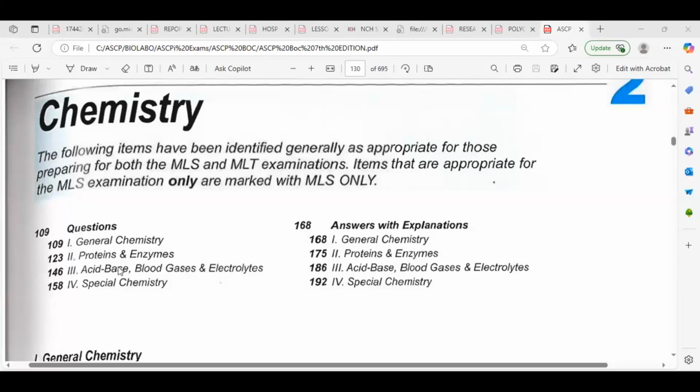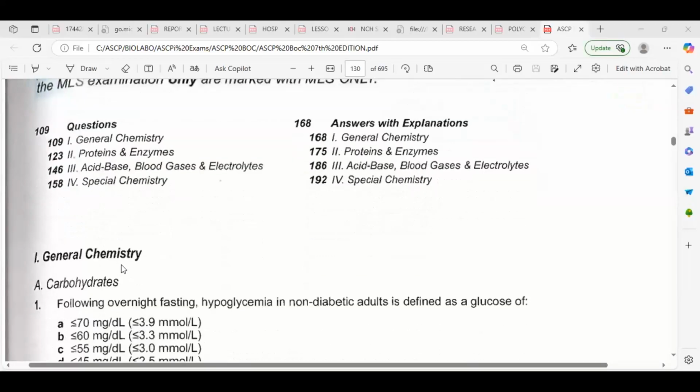So they are somehow related. That's why they are together. Sometimes it is not possible to request an acid-base test without blood gas or even electrolytes all together. They're usually requested together. Okay, so that's how it is. And the last one is about special chemistry.